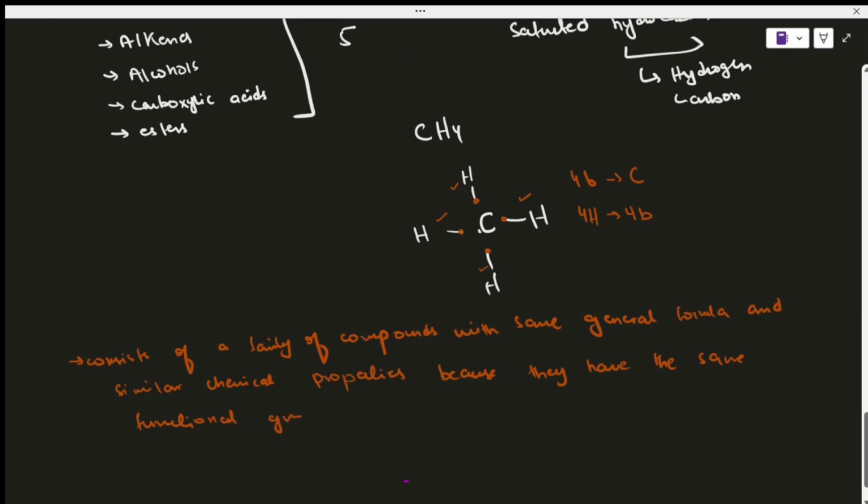Now there are a few very important terms that have been mentioned here. A family of compounds with the same general formula, similar chemical properties, because they have the same functional group.